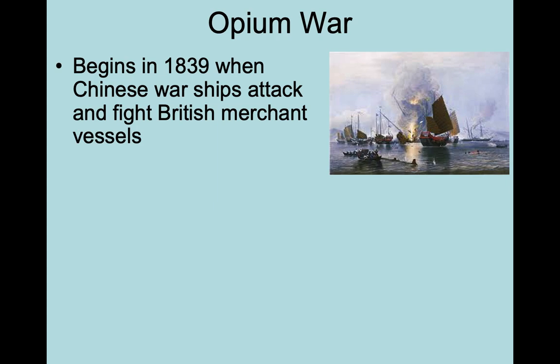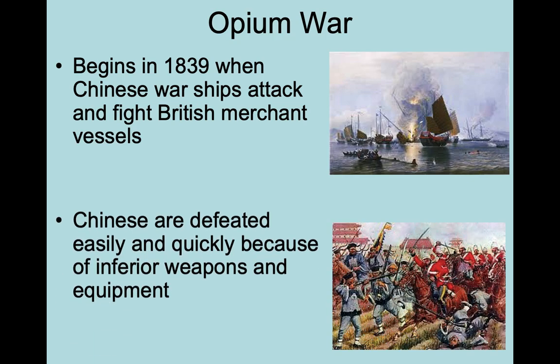As the Chinese became more and more frustrated with the problems of addiction as a result of their citizens using opium, they made an effort to stop British merchant ships from bringing opium into their country. Chinese warships attacked the British and sunk their ships, which sparked the beginning of the Opium War.